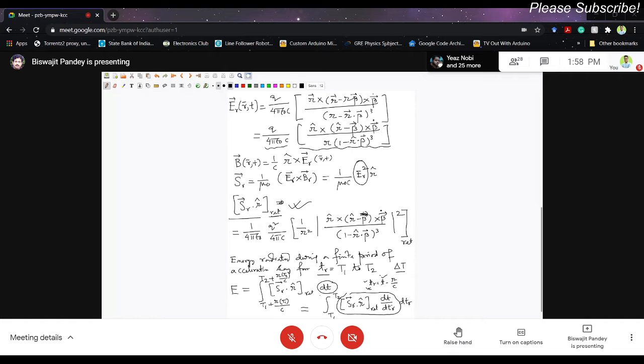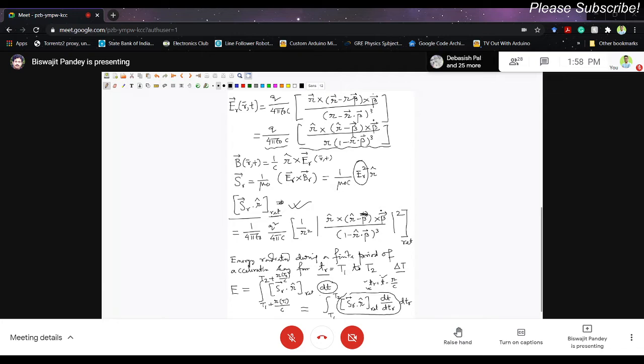S dot r cap is the energy per unit time per unit area detected at the field point at time t, which was emitted by the point charge at time tr equal to t minus r by c. If you multiply it with dt over dtr, this is basically the power radiated per unit area in the charge time. So there are two times involved here: one is the time in the charge frame, another is the time in the observer frame.